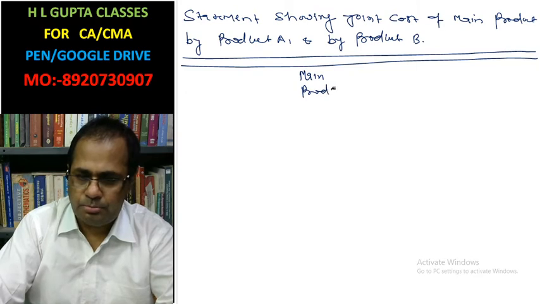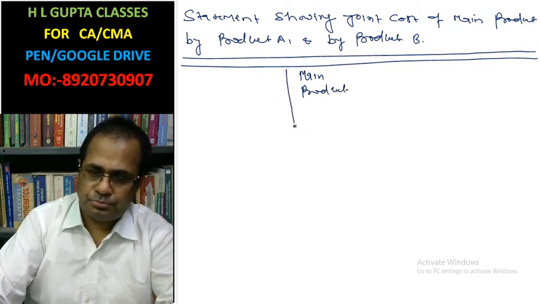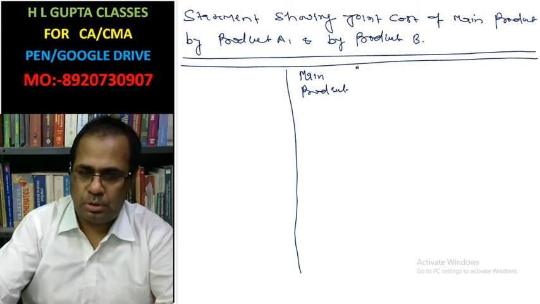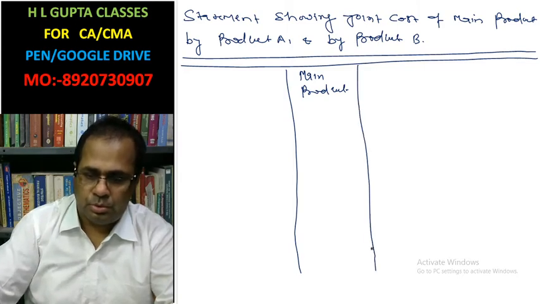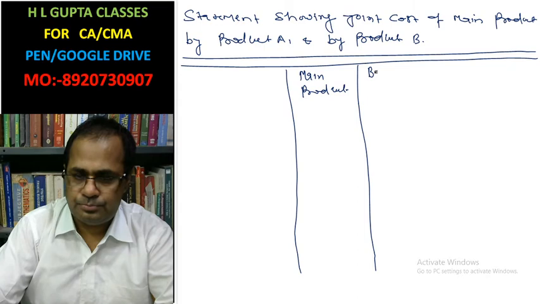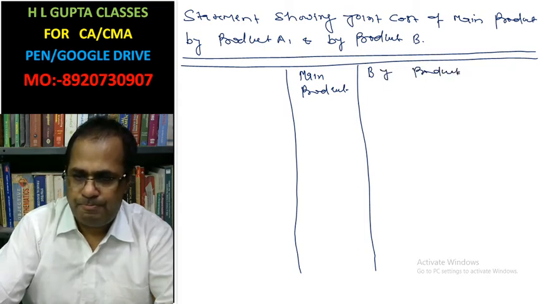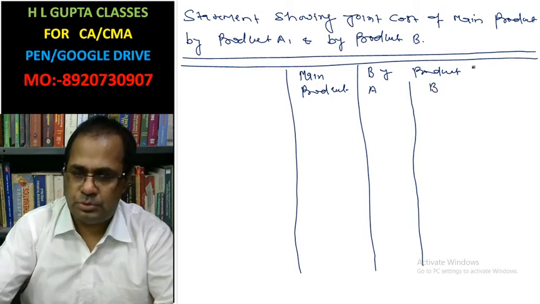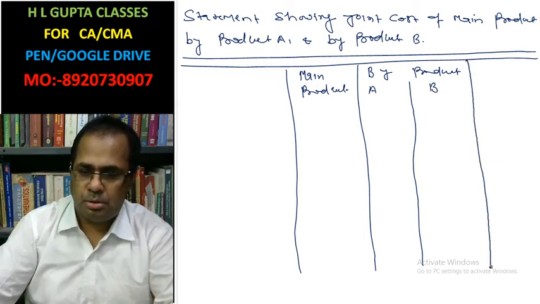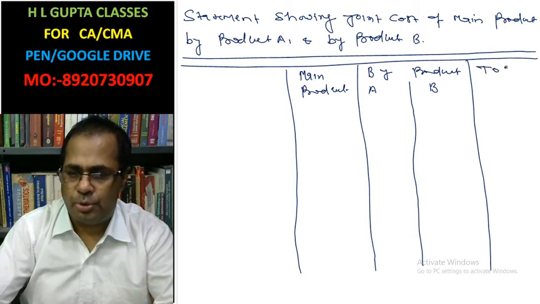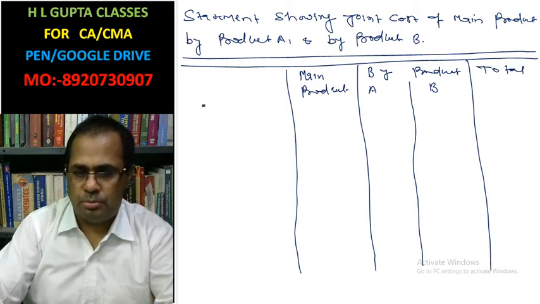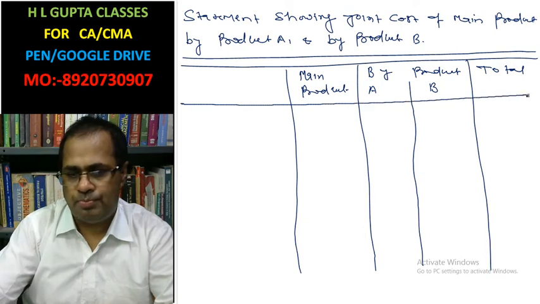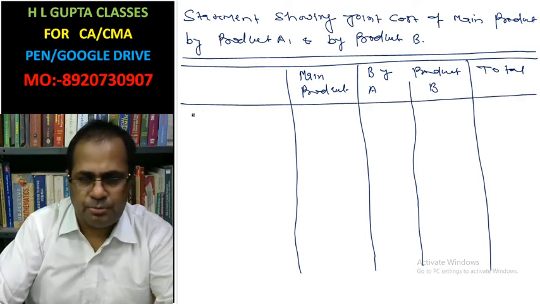Main product, byproduct A, and this is your byproduct B. Thereafter total product, right here sales revenue.